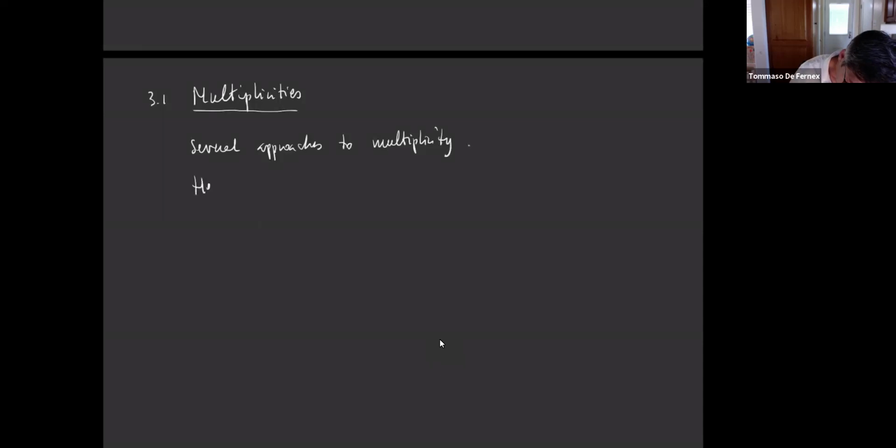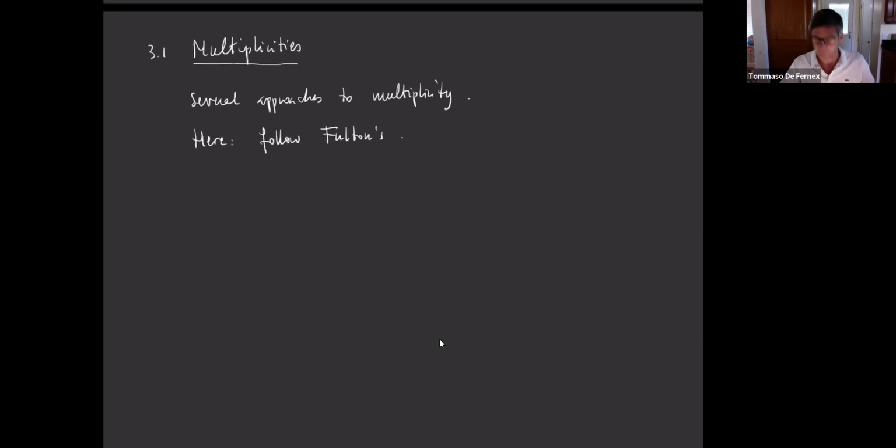Here we follow Fulton's approach. There are more classical approaches, and I'm going to refer to that in a moment, at least one of them, maybe the most classical one. In the end, they're kind of equivalent, but not really. So that's why you have to be a little careful.